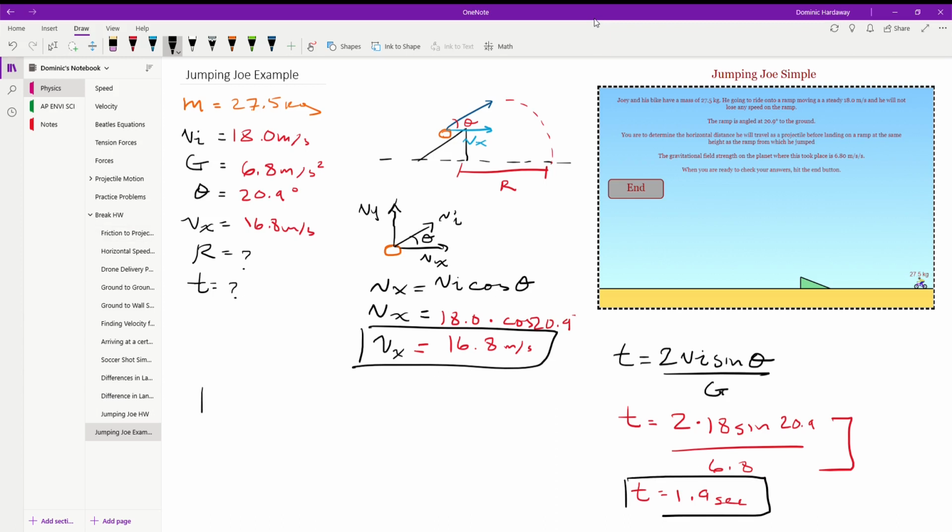And lastly, we have to calculate for the range, and the range is Vx times t, and we have both of those variables now. So r is going to be equal to 16.8 times 1.9.